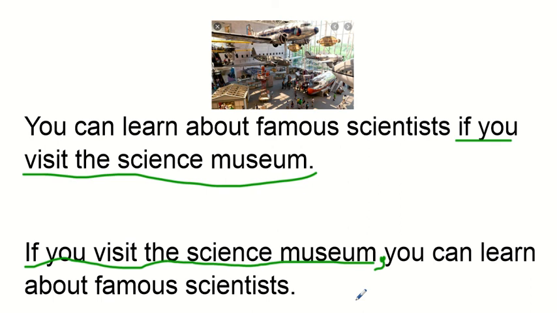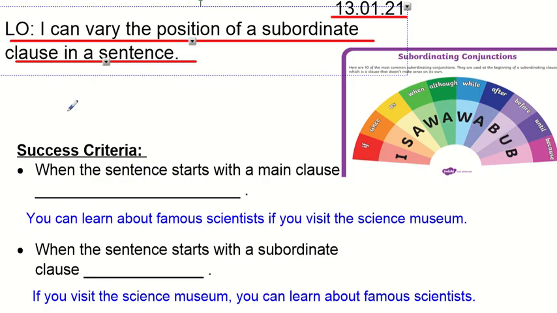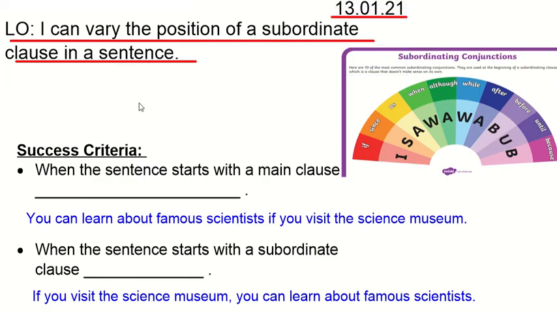Okay, we're going to have a think about now then year 5 and 6, some success criteria to help us with our writing today. You may have noticed that when the sentence starts with a main clause, then I don't have to include something. As an example here for you to have a look at, you can learn about famous scientists if you visit the Science Museum.